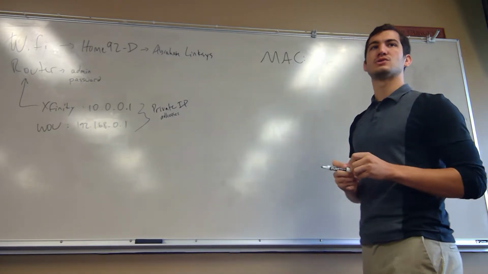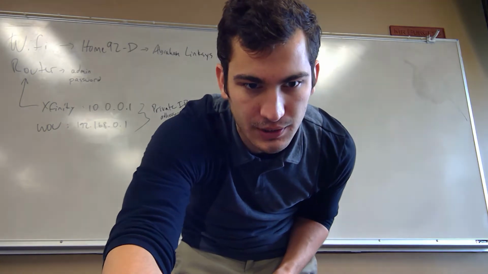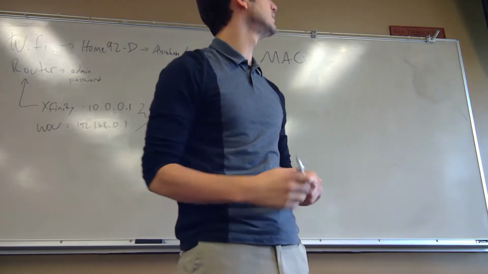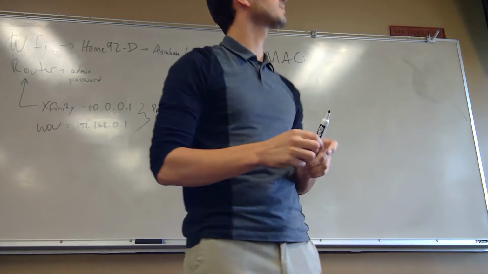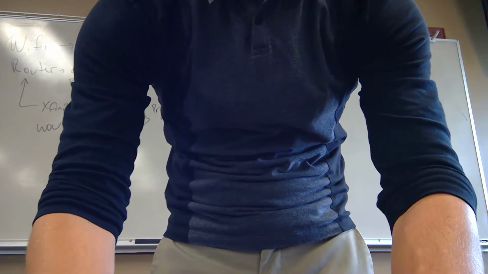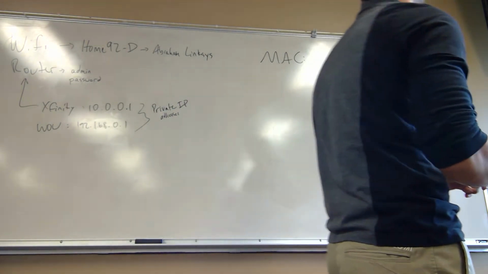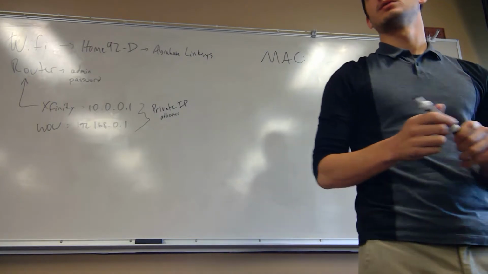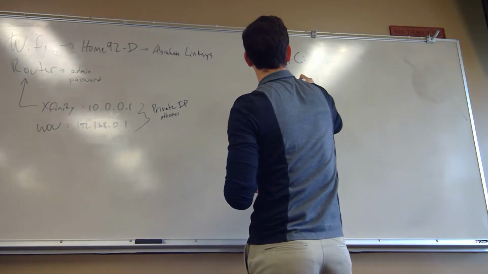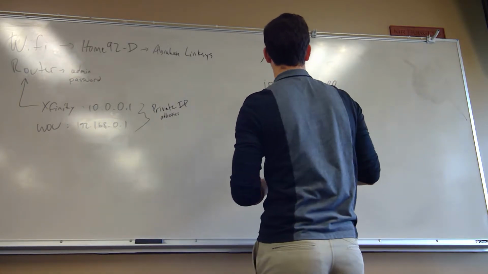So on your Surface, bring up the command prompt, and then type in ipconfig space -all.